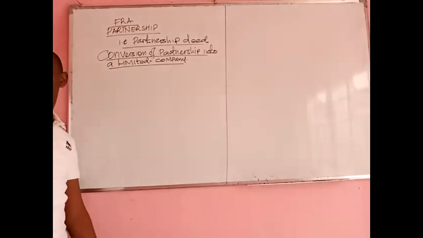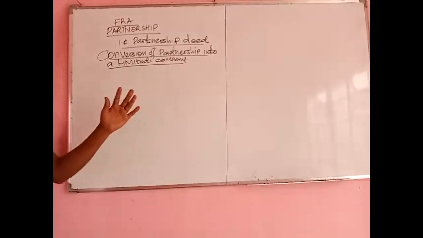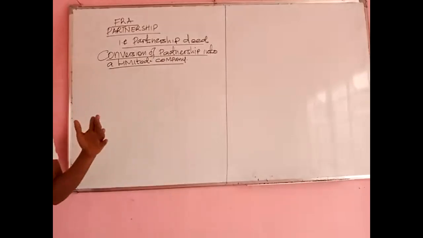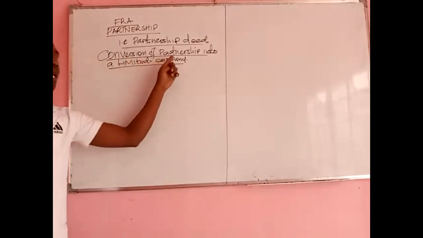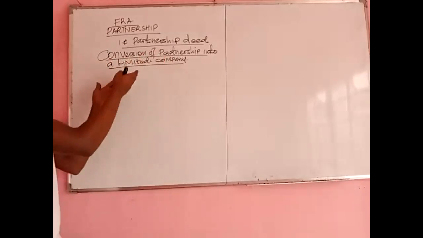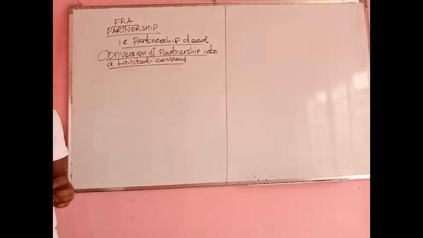The limited company. So in our case here, what we need to know is how do we close the books of the partnership, and then how do we open the books of the limited company? Are we together?